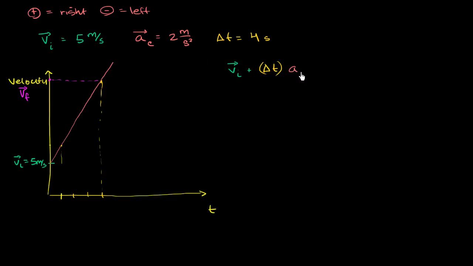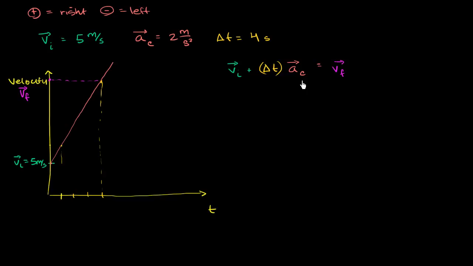Once again, I just wrote the subscript c saying that it's a constant acceleration. And so that will tell me how fast I've gone. If I start at this point and I multiply the duration times my slope, I will get this high. I will get to my final velocity.